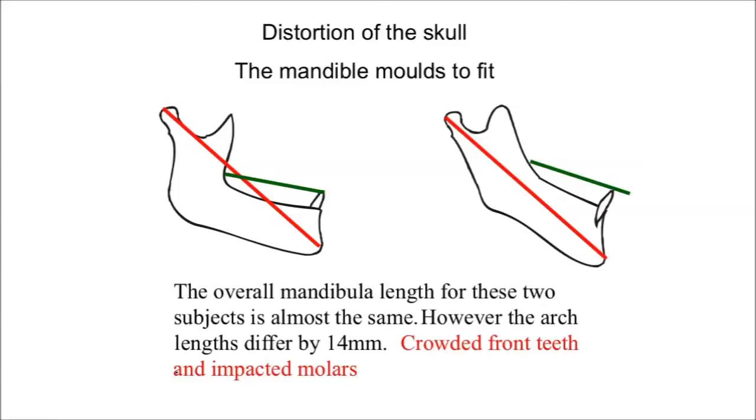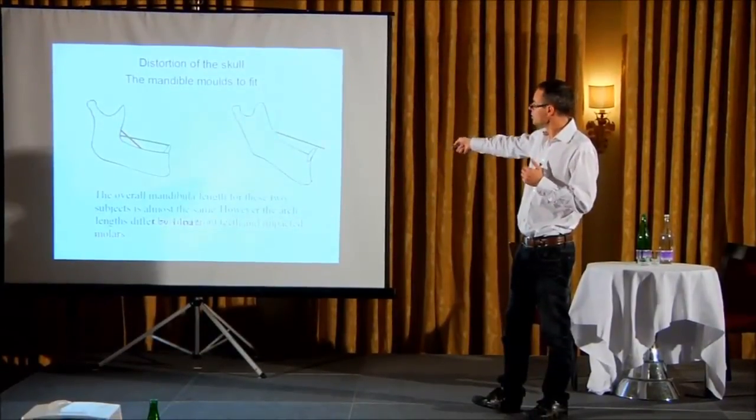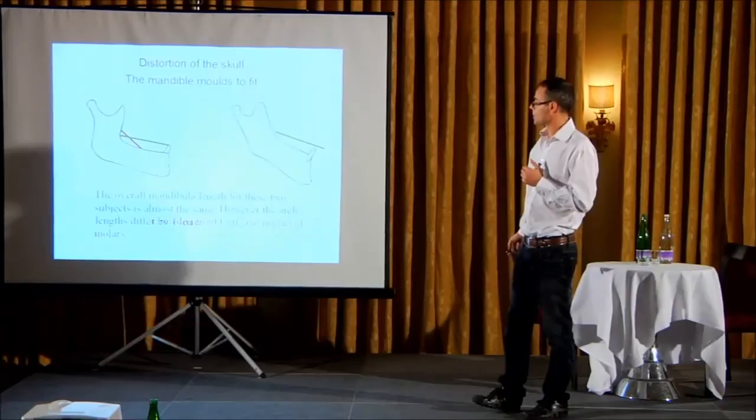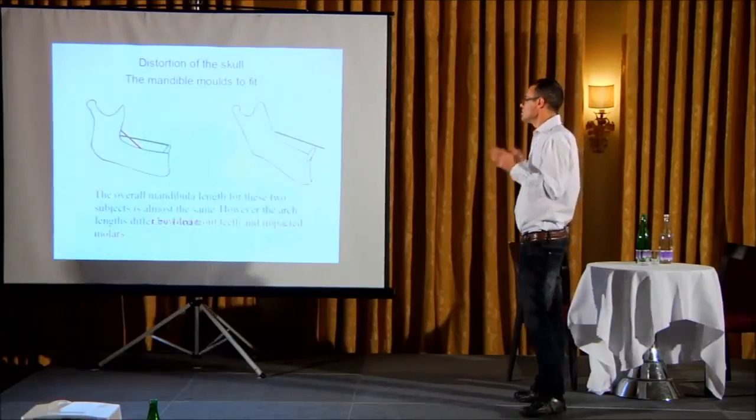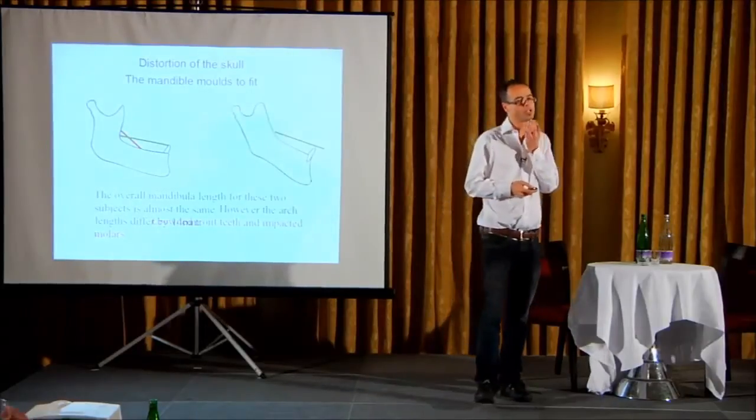And although they're the same length, the actual space for the teeth is longer on the square mandible than on the shallow mandible. And this explains a great deal why we're getting impacted wisdom teeth and we're getting crowding at the front of the jaw.